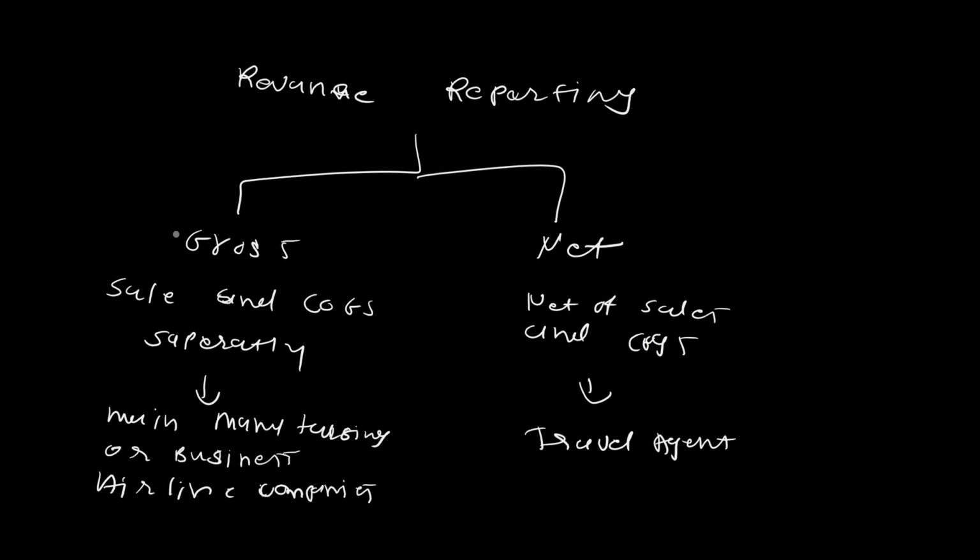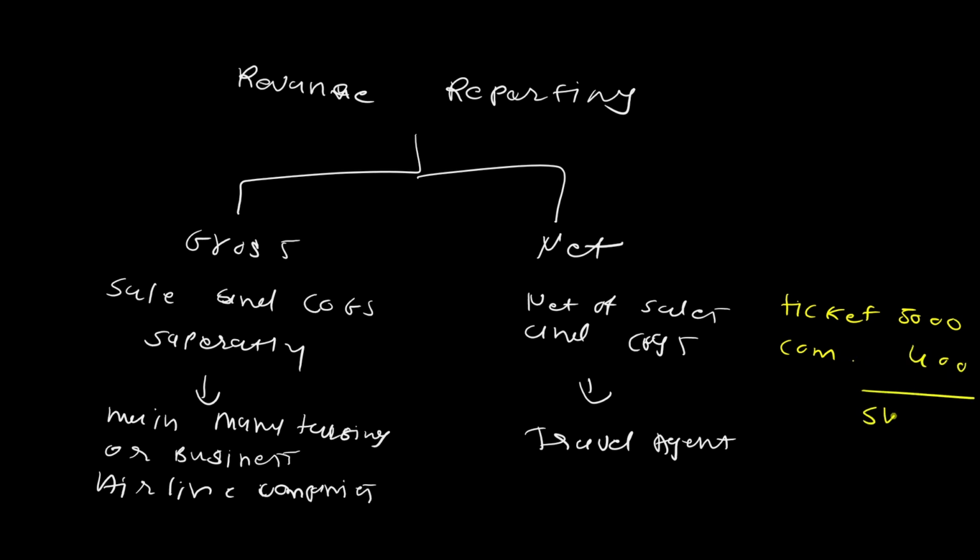For example, a travel agent sells a ticket worth 5,000, and his convenience fee, called commission, is 400.